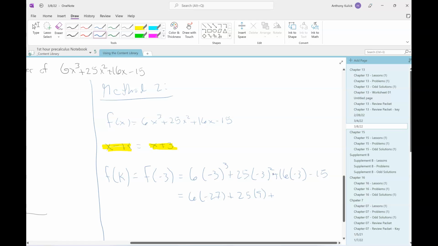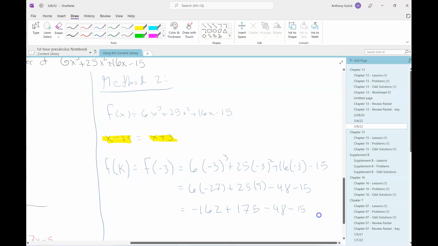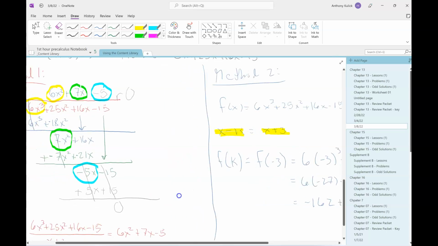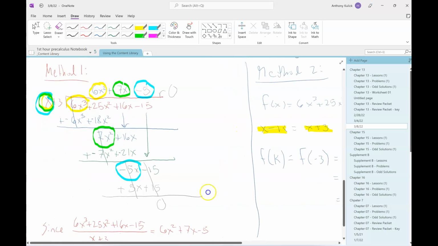Oh, we're going to need the calculator at some point here. That's negative 48. I guess I don't need it there yet, but I'm going to. I just don't want to do 6 times 27. What's that, 162 maybe? I just don't trust myself at this time of the day.